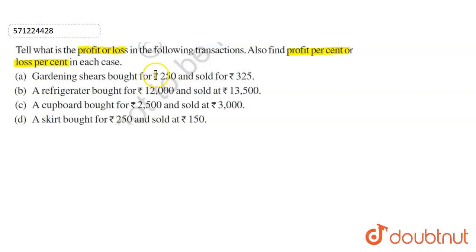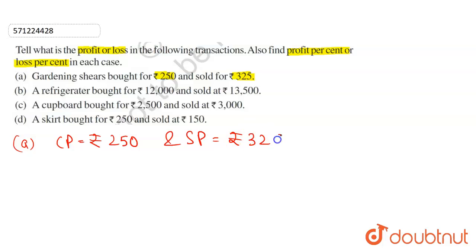So rupees 250 is our cost price and rupees 325 is our selling price. So we are solving the A part. Obviously you can see that there is a profit, as the selling price is greater than the cost price.